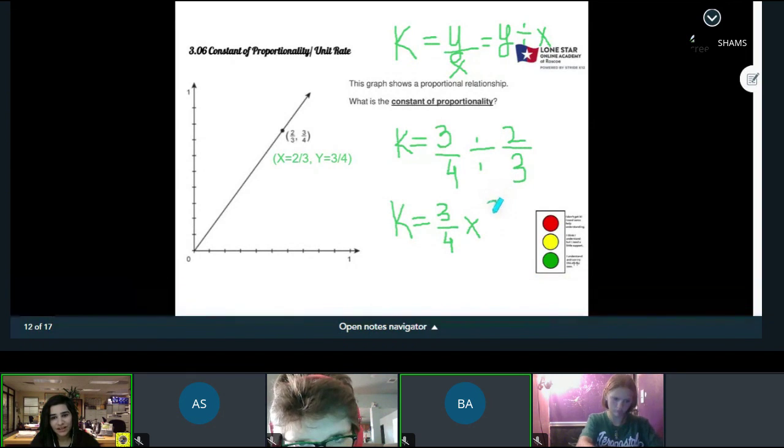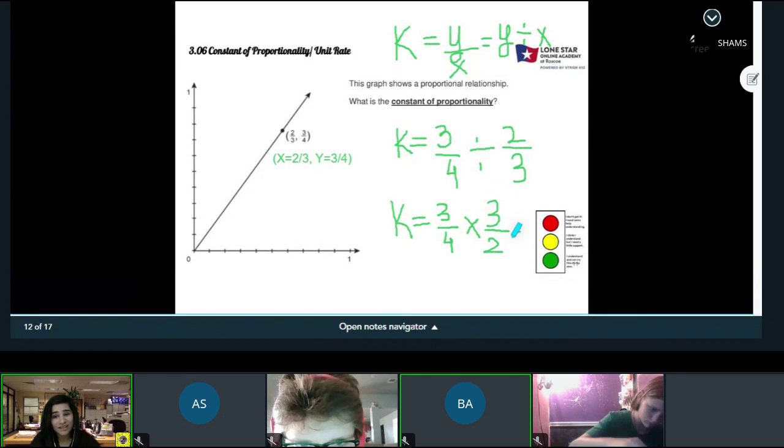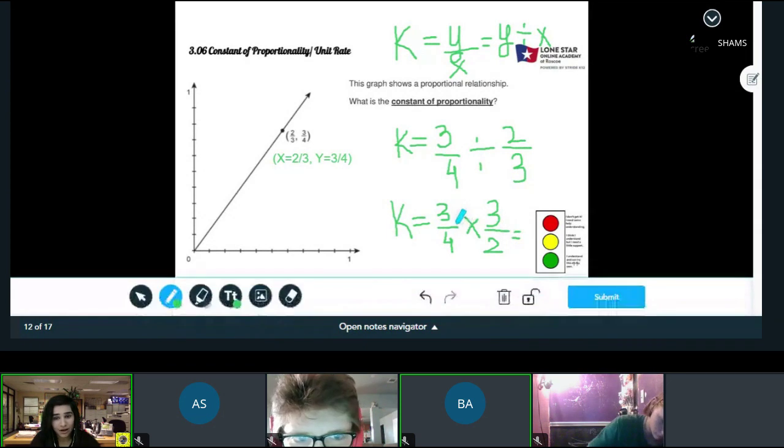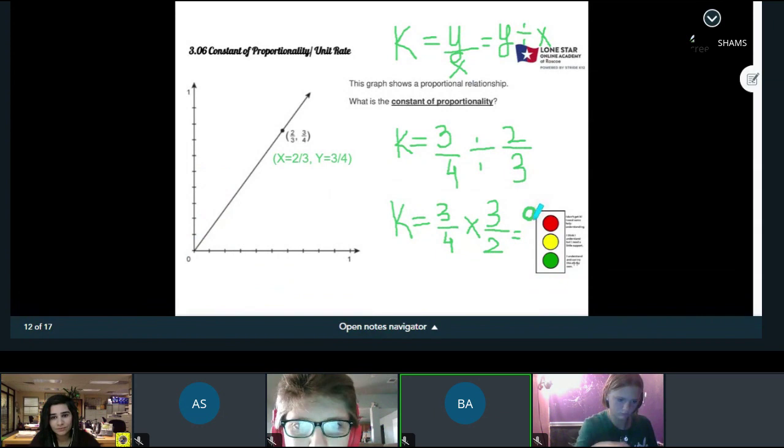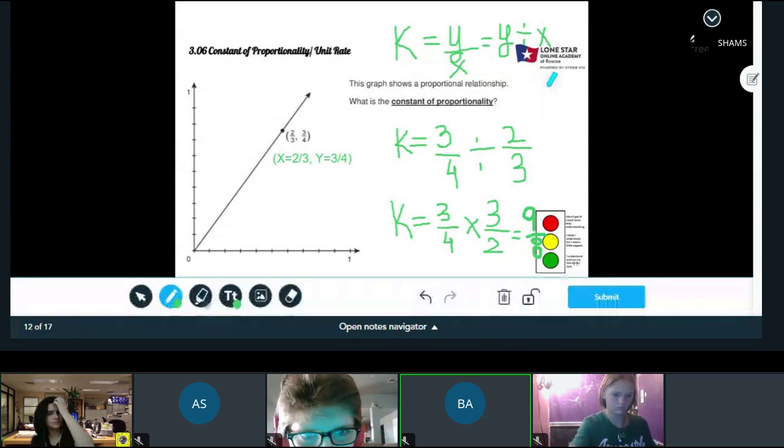Flip the next fraction, it becomes 3/2. You cannot reduce, so you just multiply: 3 times 3 is 9, and 4 times 2 is 8. This is in the answer choices, right? 9/8 is the answer.